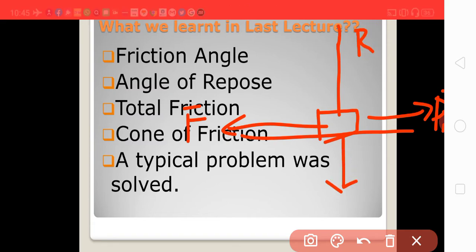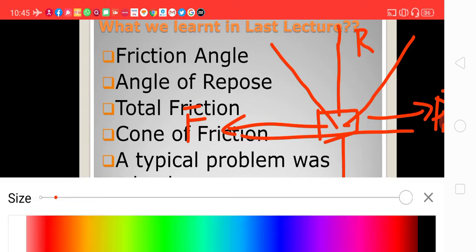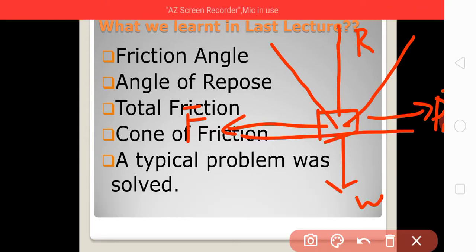This is W. Then this will make a cone like this. A conical surface will be generated like this.